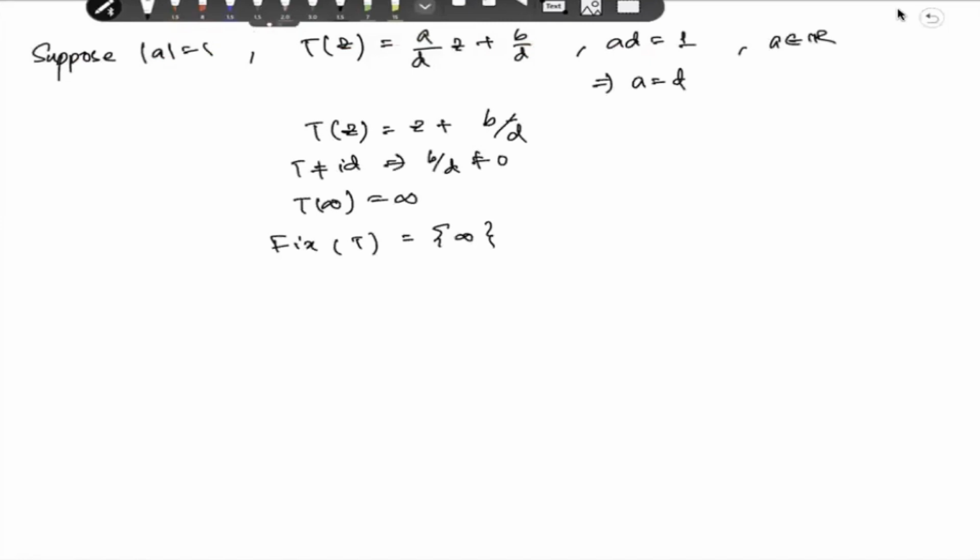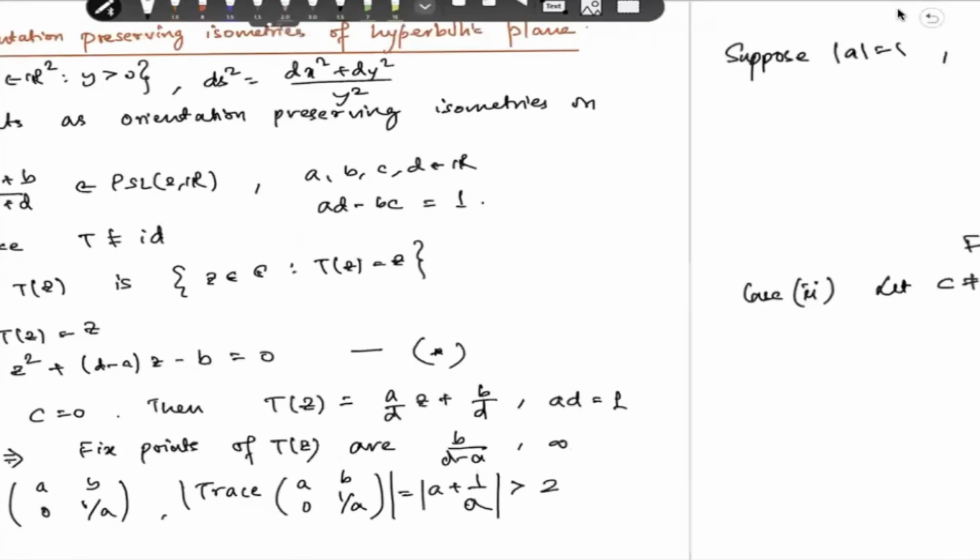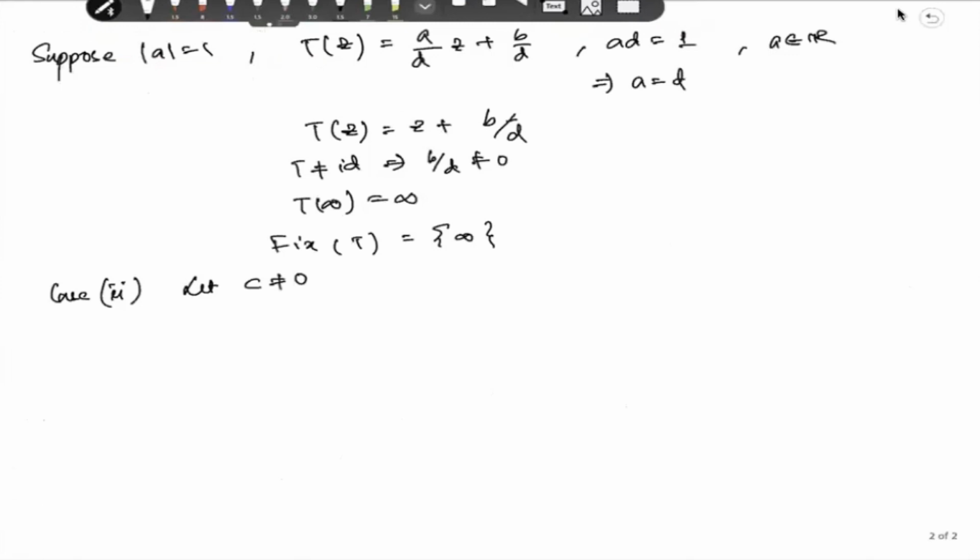And now we have case 2, where C is not equal to 0. In case 1 we assumed that C is equal to 0, and in case 2 let us assume that C is not equal to 0. So we have this quadratic equation, Cz squared plus (D minus A) times z minus B is equal to 0.